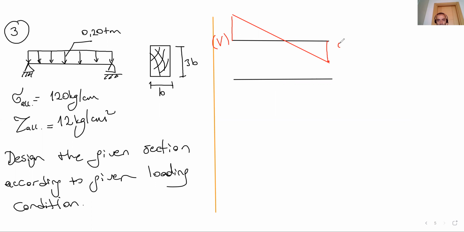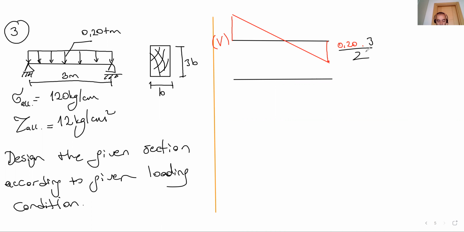We can do 0.20 times... By the way, I forgot to give you the length of the beam. I'm sorry. What was the length of the beam? 3 meters. This is important to calculate this one. 3/2.